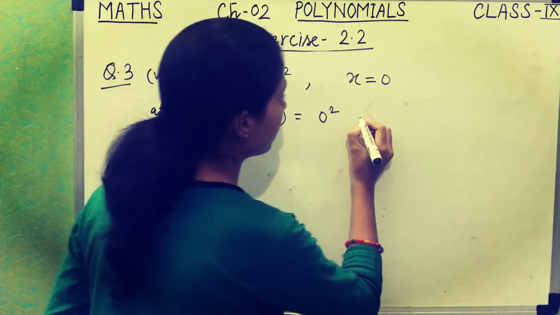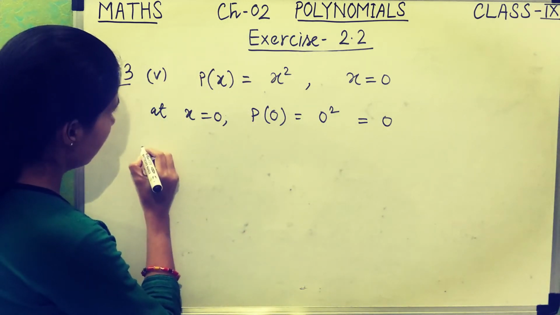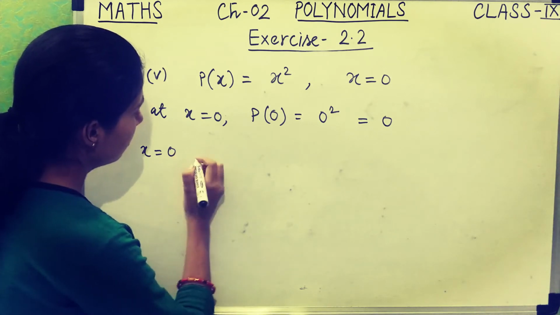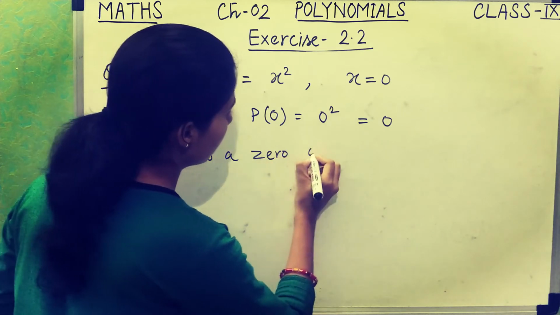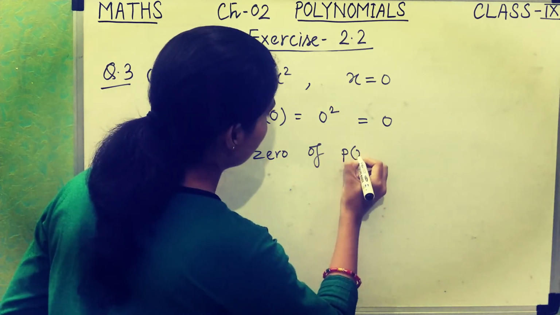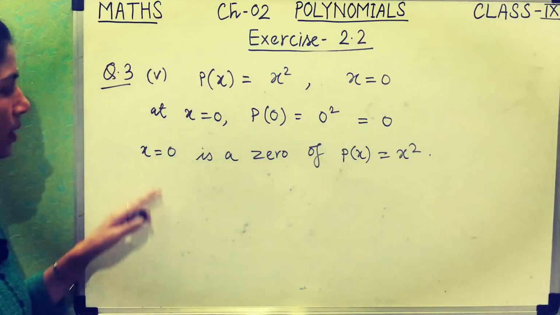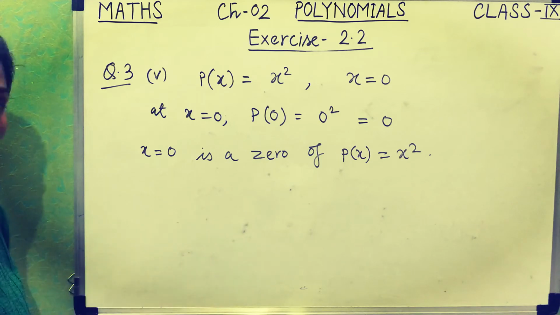Square of 0 is 0. So x equals 0 is a zero of the given polynomial, that is x square.